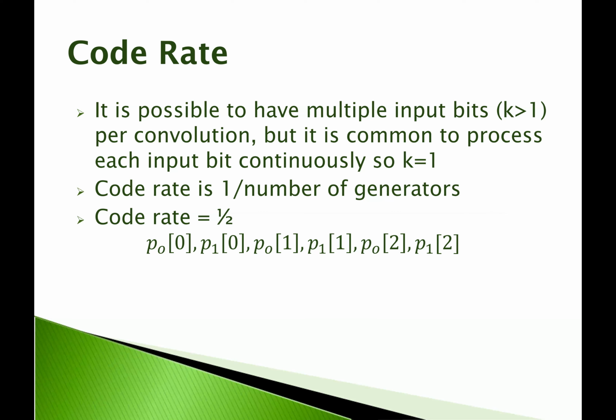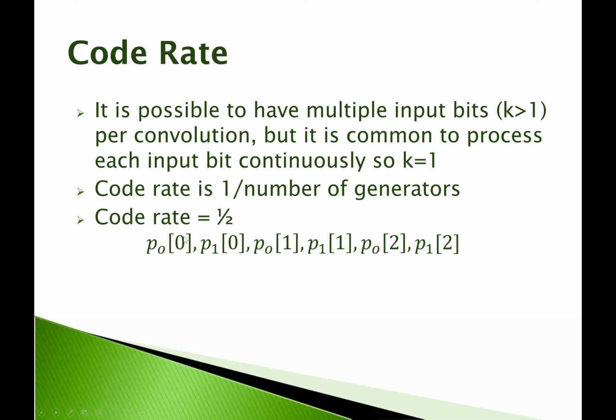So, for example, on the 1/2, we'll see how these parity bits are interleaved to produce your output data stream. You have some message bits coming in, and we're going to output the parity bit p sub 0 from generator 0 at n equals 0.